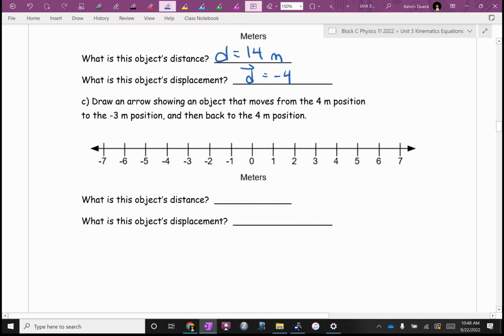C says, draw an arrow showing an object moving from 4 to -3 back to 4. Okay. 4 to -3. Back to 4. And I guess there's my initial, there's my final.